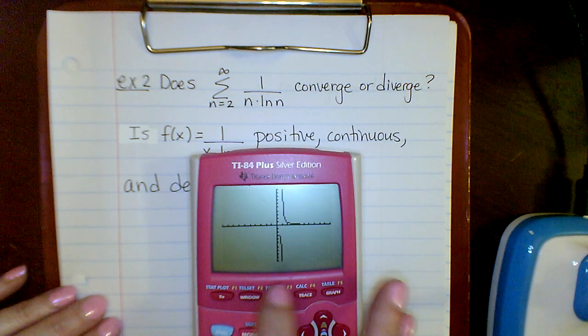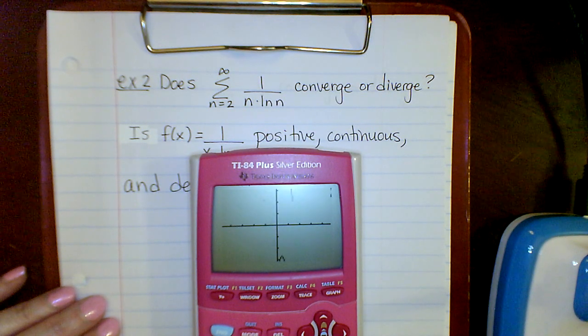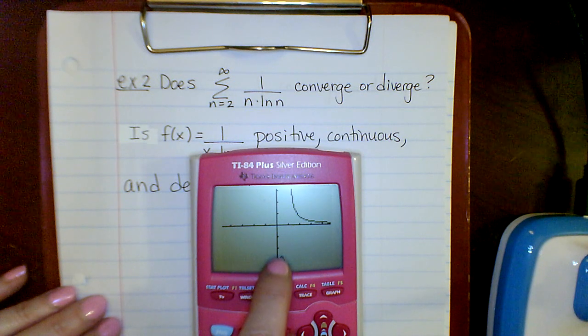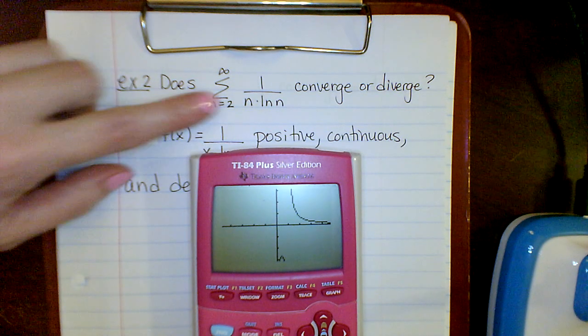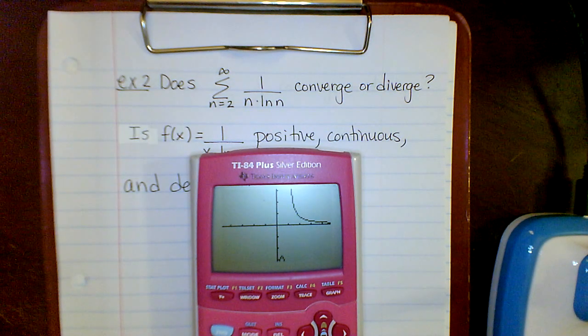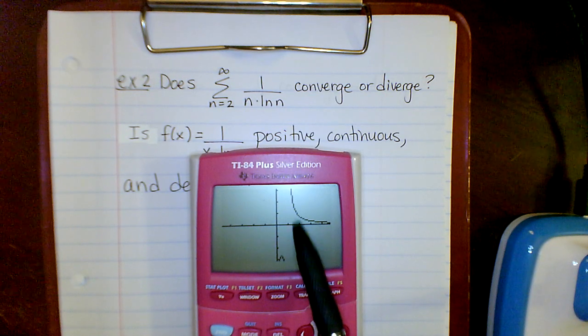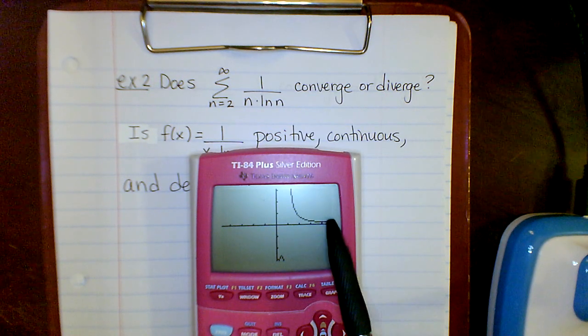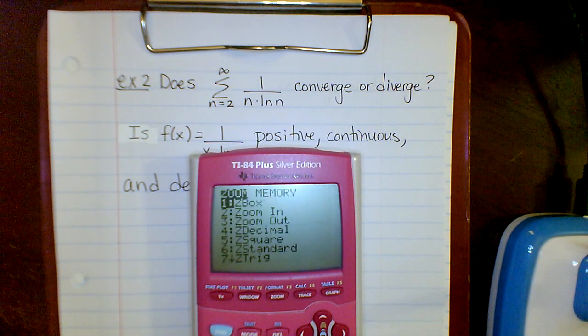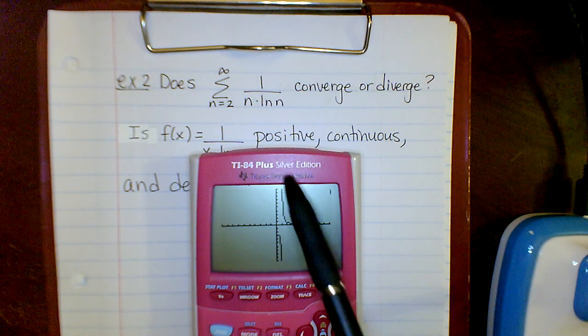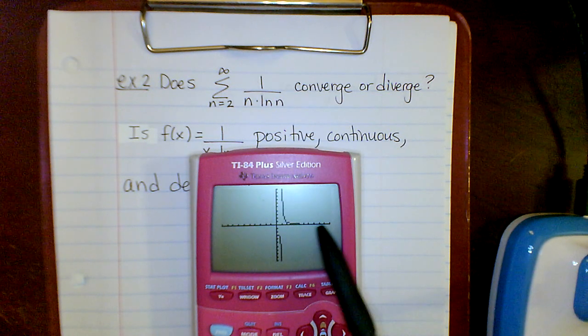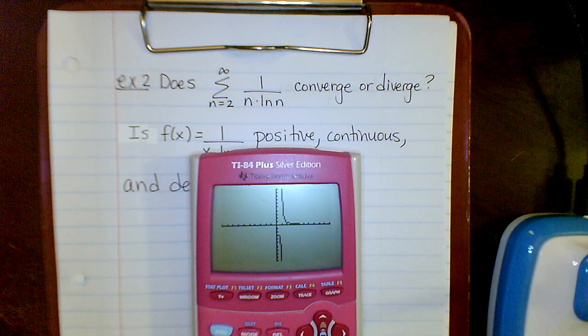All right, let me zoom in a little bit. So we've got a little action going on over here. Doesn't matter, we're only interested in 2 to infinity. So 2 being right here, look at what's happening after 2. Let me zoom back out. So you can see that we've got this decrease going on.